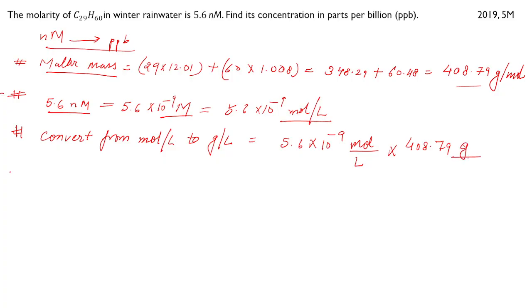Now you can see mole is going to be cancelled by the mole. Now you have seen that we have converted this into gram per liter. The unit has become gram per liter, and if you multiply this, it will become 2.29 into 10 to the power minus 6.